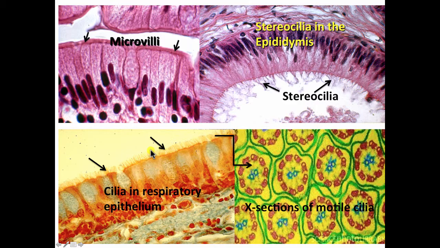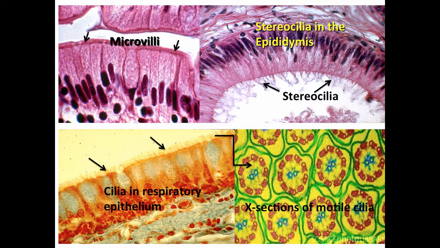Cilia, you saw, line the respiratory epithelium, and cilia are motile structures. They're found where either fluids or particles need to be moved across the surface of an epithelium.